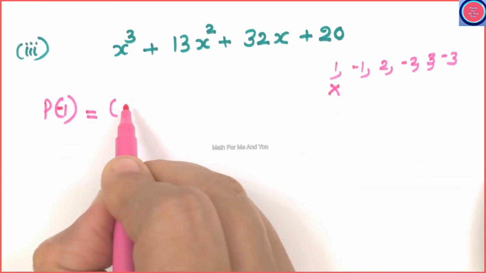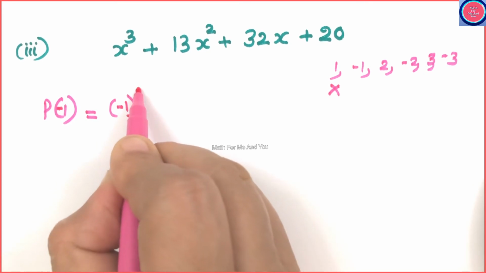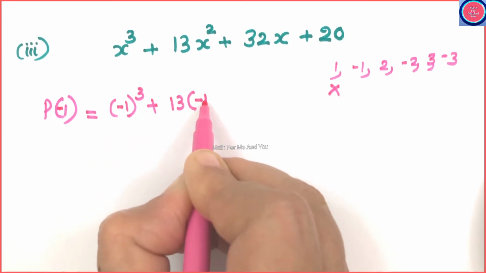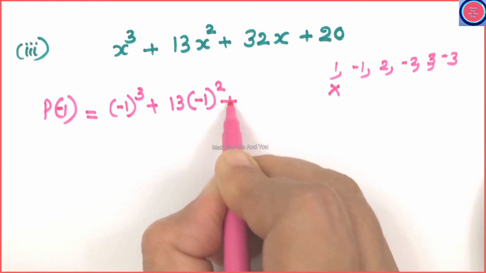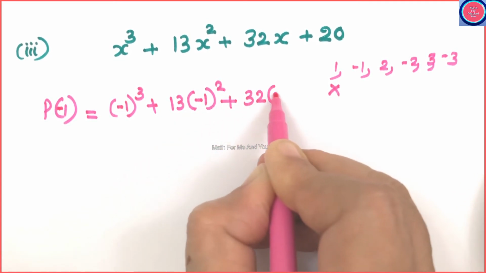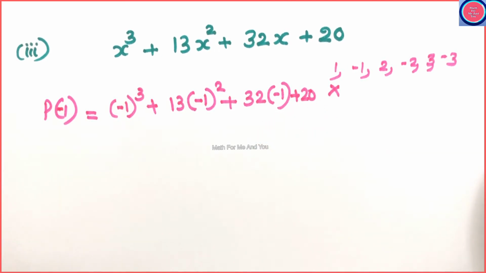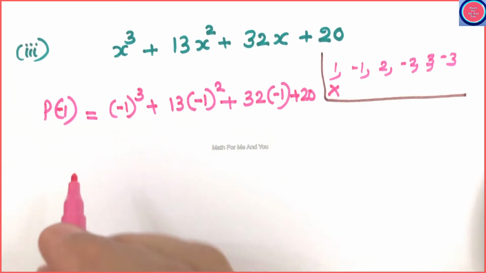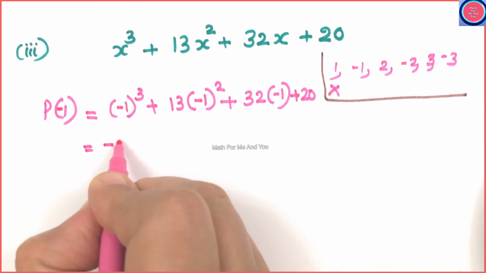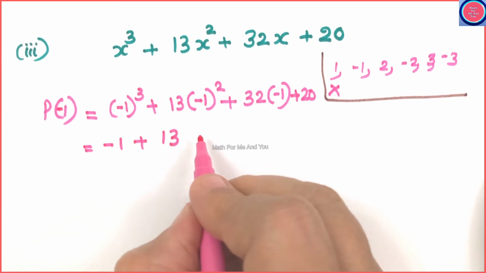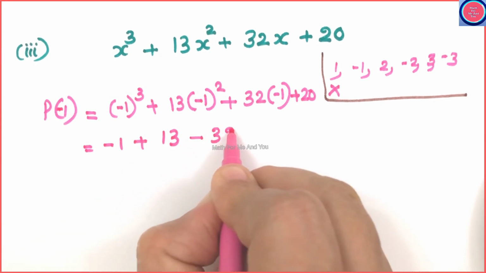Next we try with minus 1, p of minus 1. In place of x, put the value minus 1. Minus 1 power 3 plus 13 times minus 1 square plus 32 times minus 1 plus 20. Let's simplify. Minus 1 power 3 is minus 1, plus 13 times minus 1 square is plus 13, plus 32 times minus 1 is minus 32, plus 20.